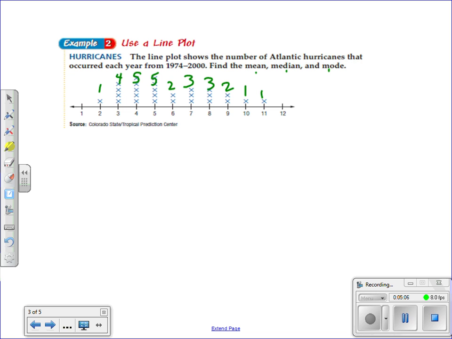How do we find the mean of that data? Well, again, use your calculators. But to lay it out, you know there were 2 hurricanes that year. The next year, there were 3 times 4 hurricanes. The next most occurring, there were 4 hurricanes in a year. There were 5 times that happened. Plus, there were 5 times that there were 5. Plus, there were 2 times that there were 6 hurricanes.